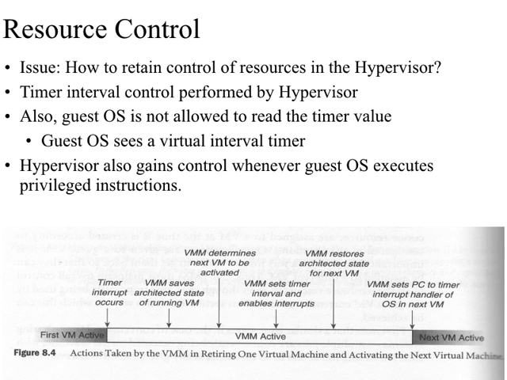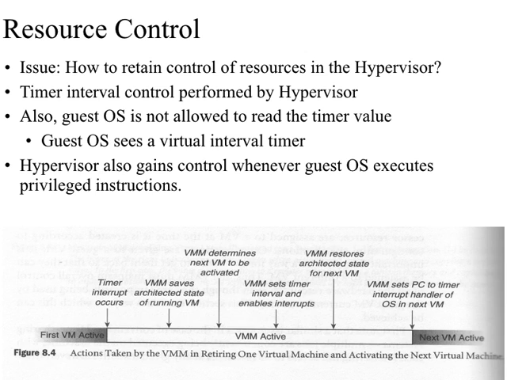The hypervisor would then save the state of the previous virtual machine, including CPU registers, program counter, and so on. Then the hypervisor determines what is the next VM to be scheduled. At that point, the hypervisor may schedule another timer interrupt if the timer interrupts are aperiodic, or if the timer interrupt is periodic, then you don't have to do this operation again and again.